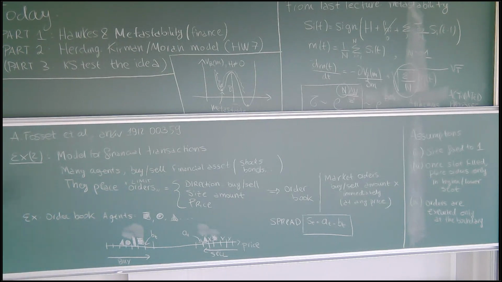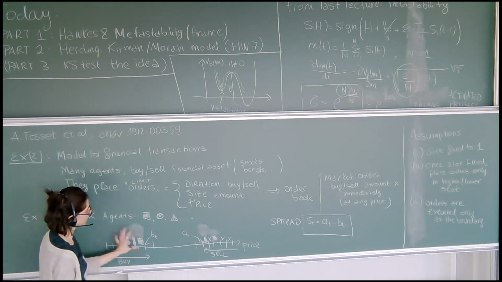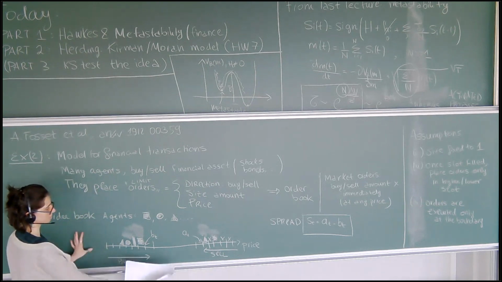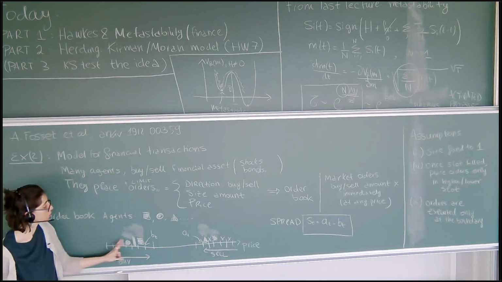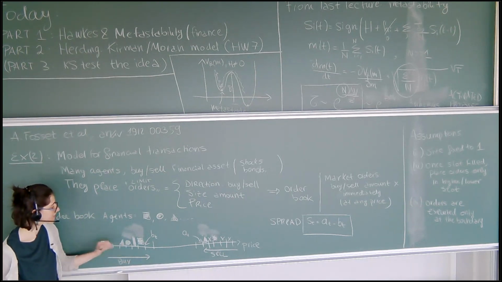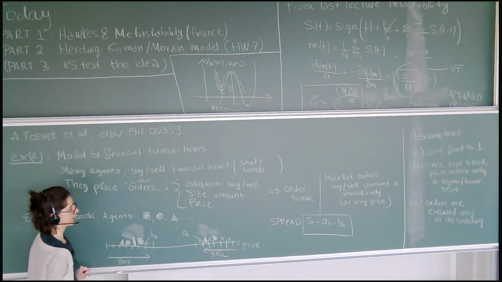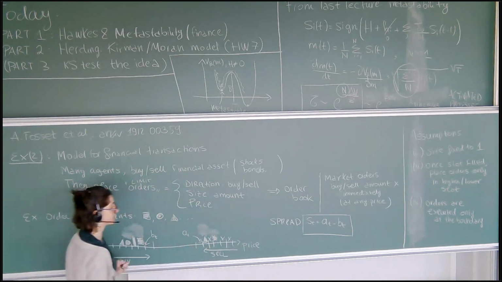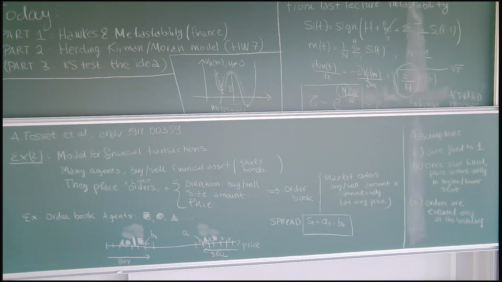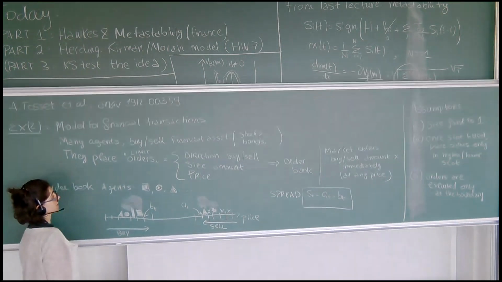So I think this gives a little bit of context, but in essence, the only thing that we have to keep in mind is that we have a model of order books where there are no holes in this price axis, and everything is encoded in the dynamics of this quantity in here. Okay, so now that we have this assumption, let's write down the model.